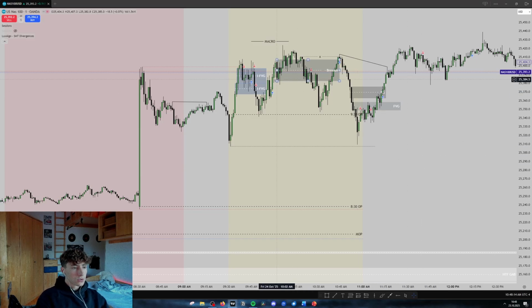What I would have liked to see is that we trade lower, take out the low right here, and then continue with the trend higher after we traded to the upper quadrant of the opening range. So from regular trading hours, if we trade lower and then continue with the trend higher after we sweep session liquidity, then a market maker buy model would be in play, and we could have had really good long opportunities as well.